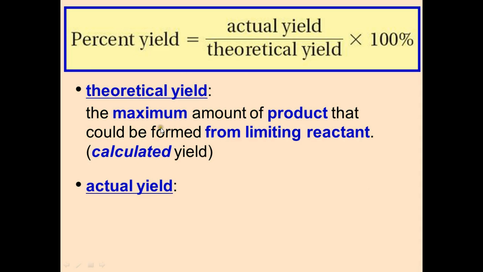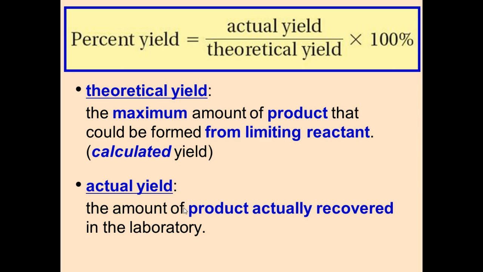So if it says calculated yield, it's the exact same thing as theoretical. Actual yield is what is produced in the laboratory, in real life. If we actually did this experiment, how much did we get? Again, the formula is actual yield over theoretical yield, times 100%.